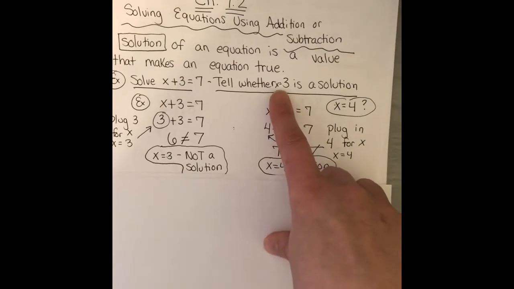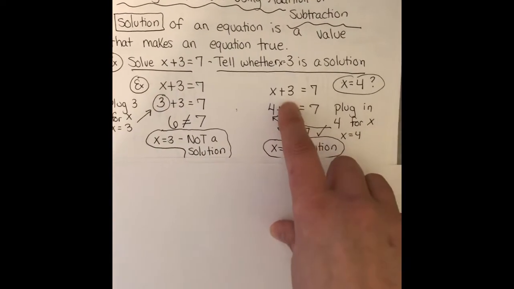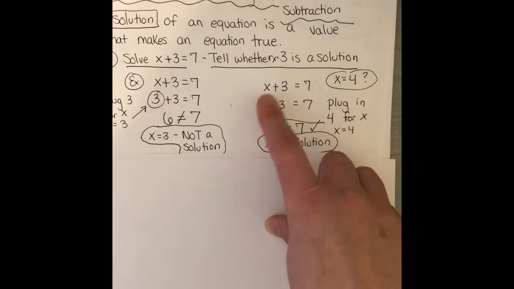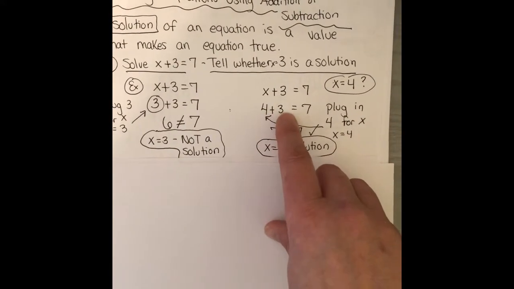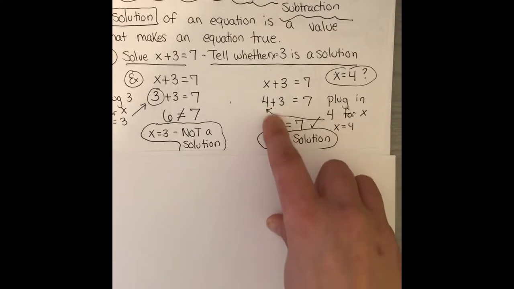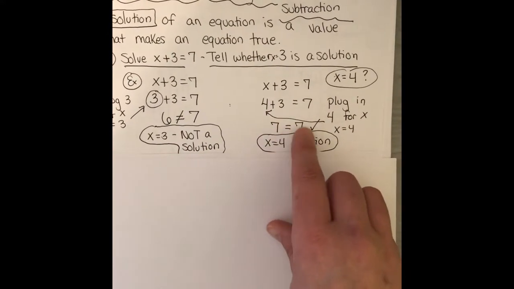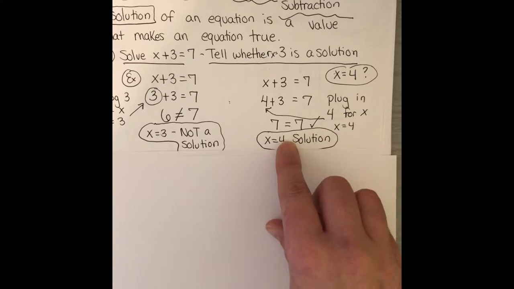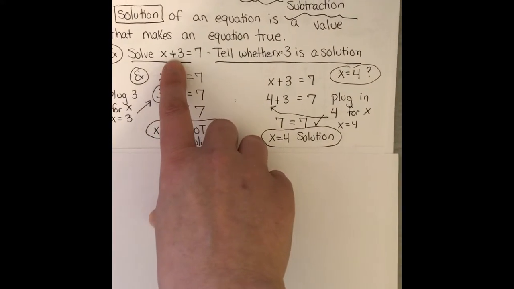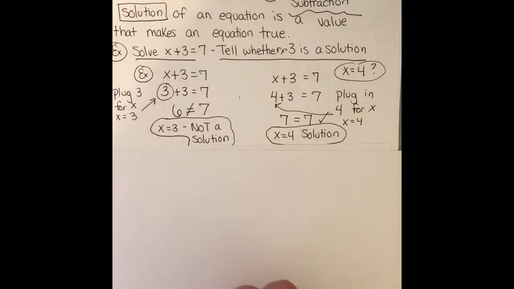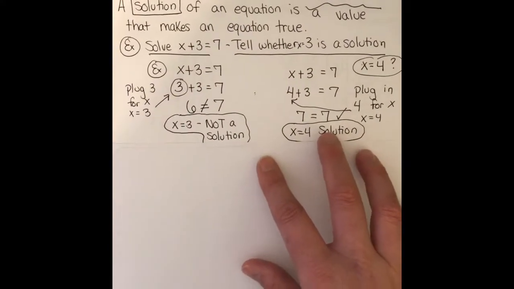If they said tell whether x equals 4 is a solution, I would plug in 4 for x. I would have 4 plus 3 on this side equals 7. I do get 7 on this side. 7 equals 7. So x equals 4 would be a solution to this equation. And that's just kind of a yes or no question.